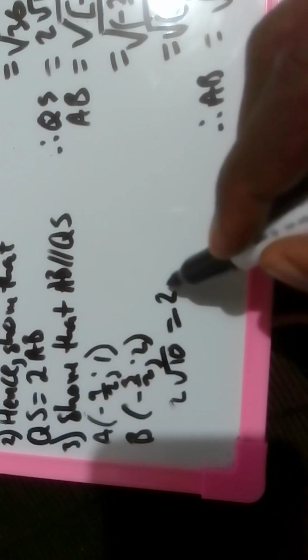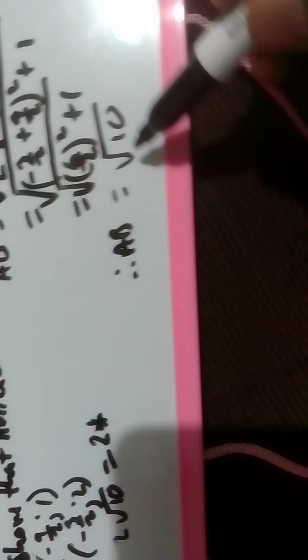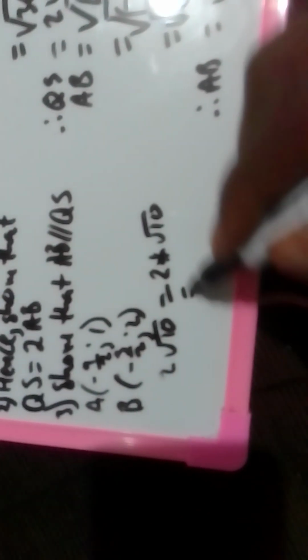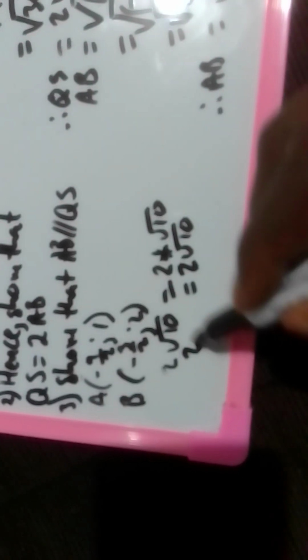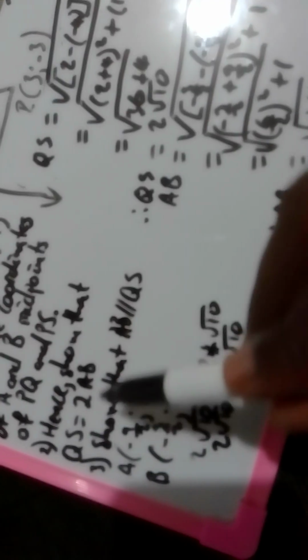So I write the 2 multiplied by the root 10, which is the answer I got. And 2 multiplied by root 10 gives me 2 root 10. So therefore 2 root 10 is equal to 2 root 10. I've proven this equation. And just like that, I'm done.